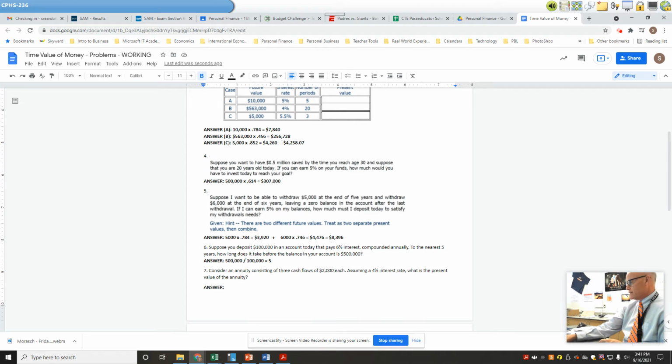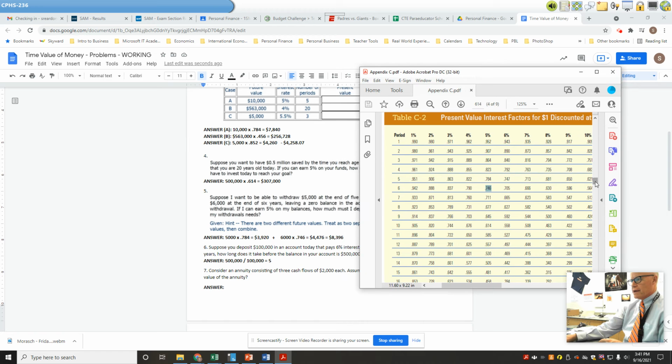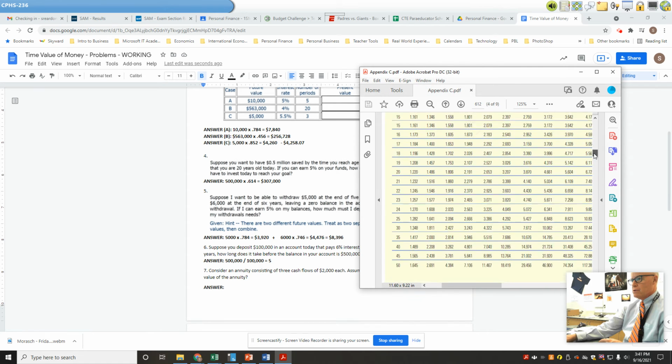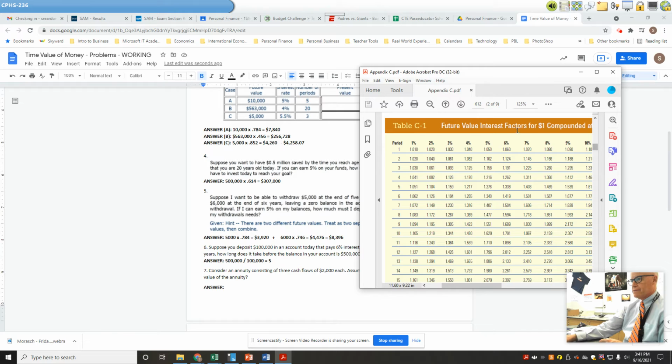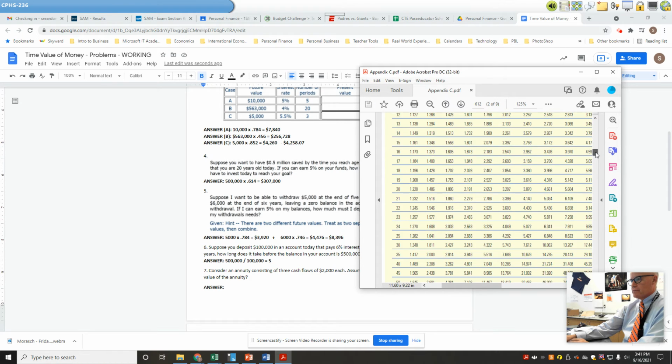So now I'm going to pull my table over here and go, okay, future value of 1, at, pausing here, 6%. What's the closest year? So I'm down in this column right here, 6%. What's the closest year I can come to? I'm down in this column here before I hit 5 as a factor.